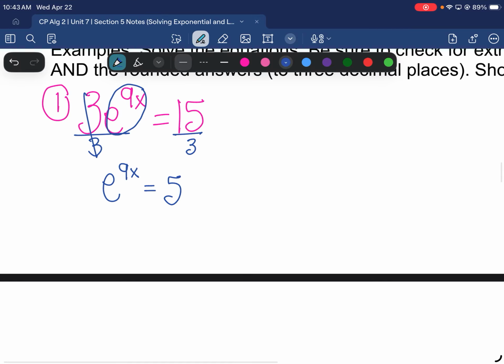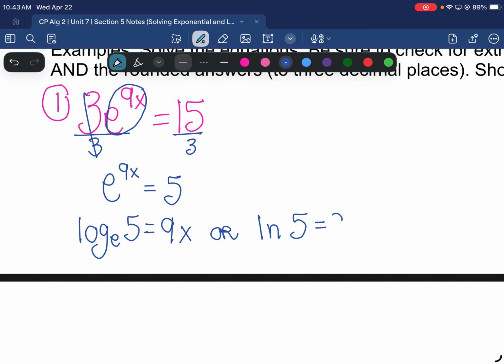So if it's log base e of 5 equals 9x, you could also write it like this: the natural log of 5 equals 9x. I would probably do it this way because remember that that's a button in your calculator.